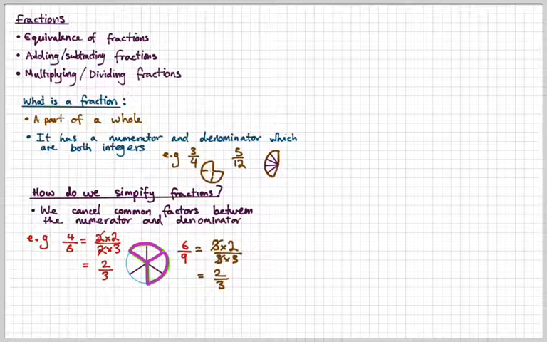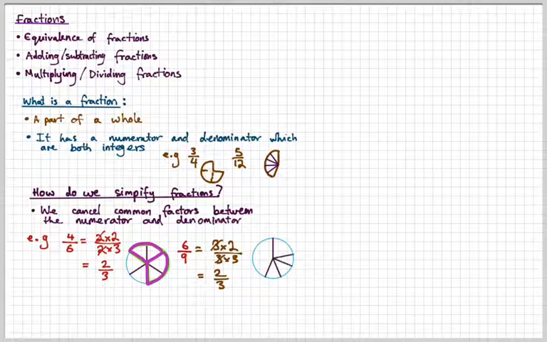So you can see pictorially that 4/6 is the same as 2/3. Okay? With this one I could split my circle into 9 parts. I could shade 6 of those parts, and this is the same as splitting my circle into 3 parts and taking 2 of them. So graphically, it's the same thing.